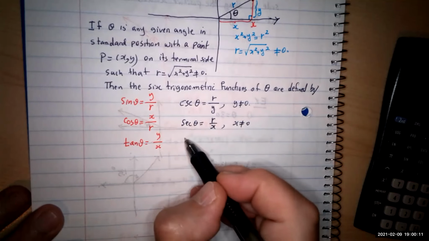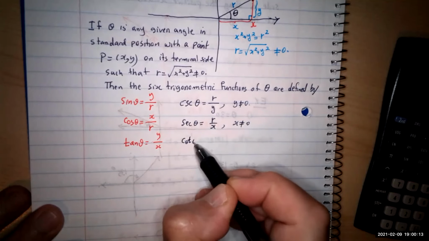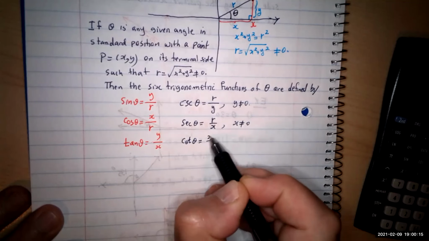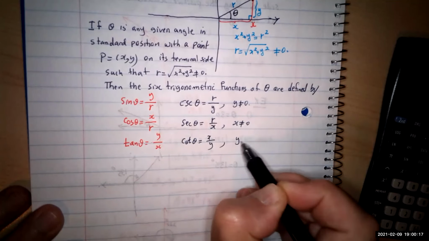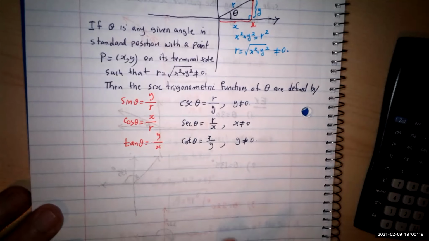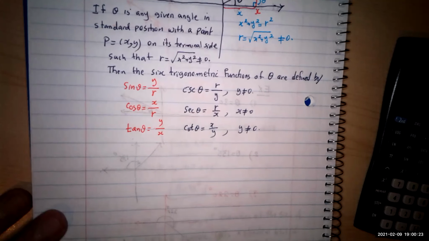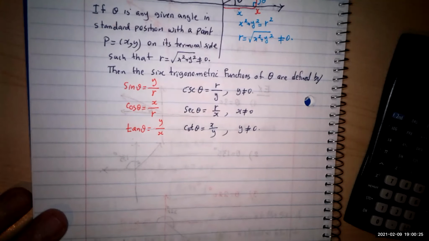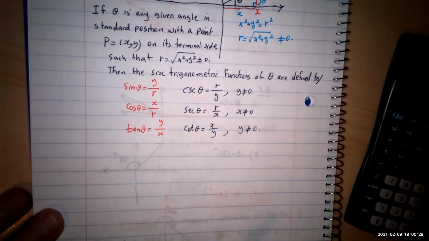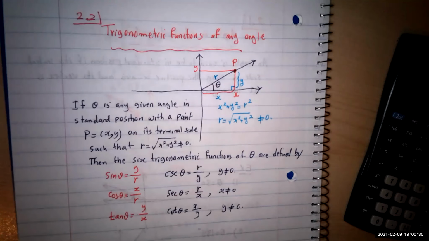And we get the cotangent. Cotangent of theta is x over y when y is not equal to 0. So we usually find the first three, and then we change them into the reciprocal. This is how we extend the idea.